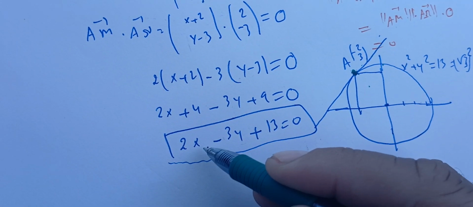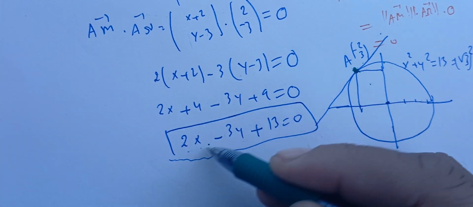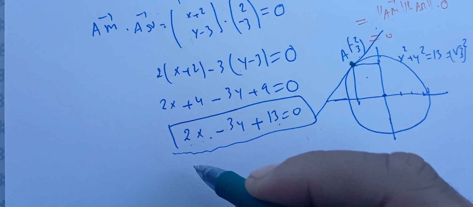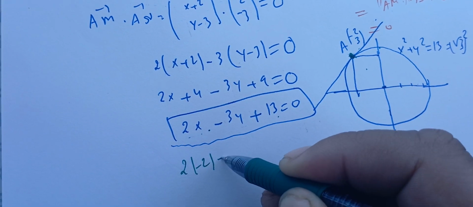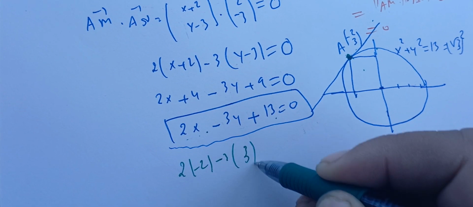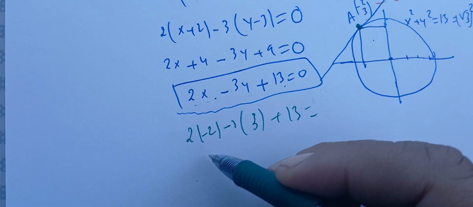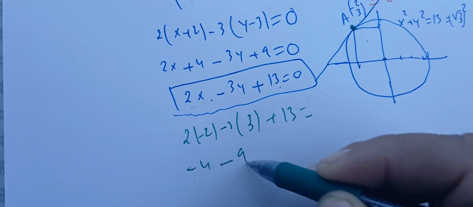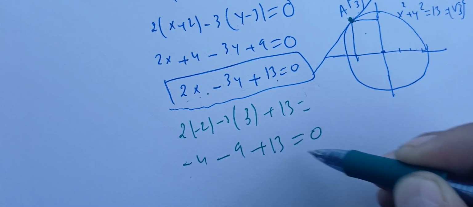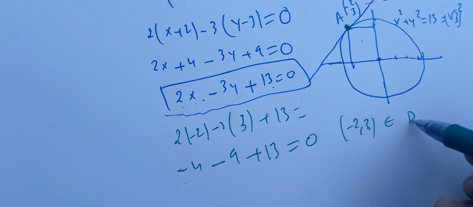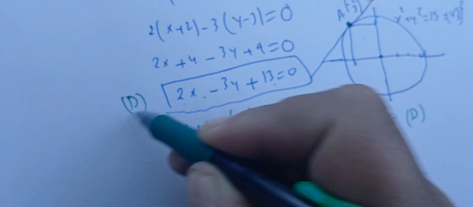Here we check that it does belong to our line that's tangent to the circle at this point. Here we have 2 times -2 minus 3 times 3 plus 13. Is it going to give us 0? So we have -4 minus 9 plus 13, which is 0. Therefore, (-2, 3) belongs to our line that we're going to call D.